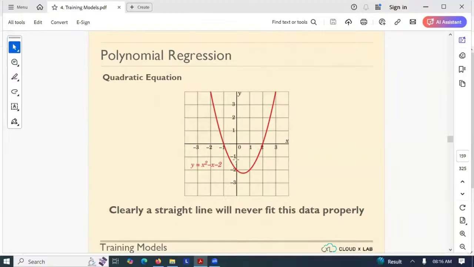If we fit a straight line, the RMSE error will be high, or the accuracy will be low, because the relationship in the data is non-linear.